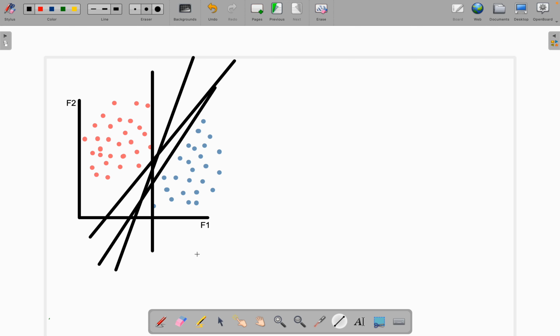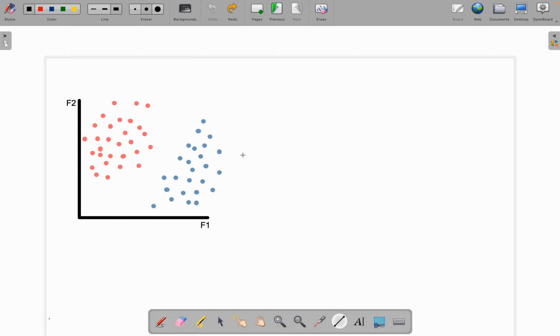But what does SVM aim for? SVM wants to find a plane which can separate my positive and negative points as far as possible. So let me draw two lines right here.